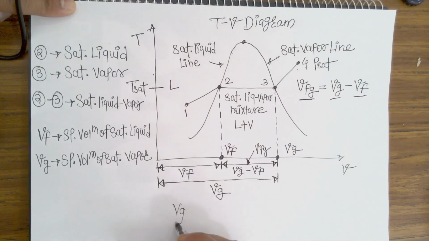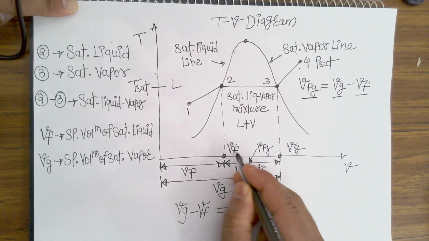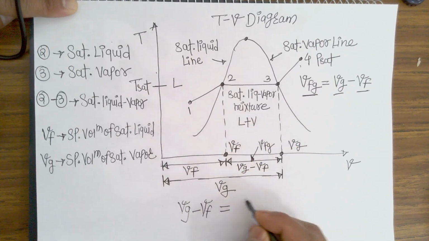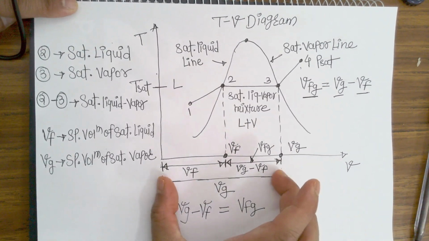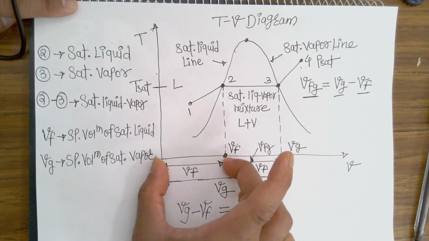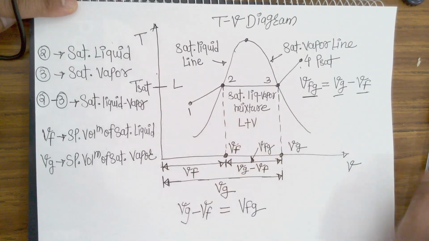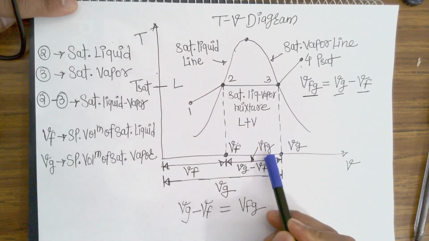So vg minus vf, from here to here, is vfg.